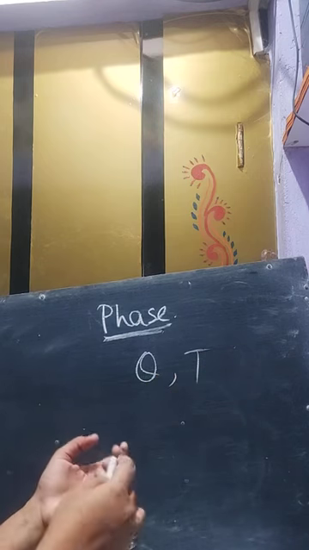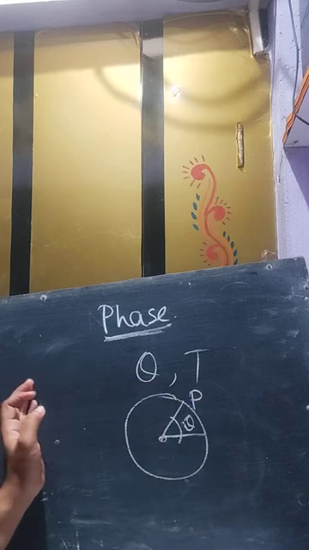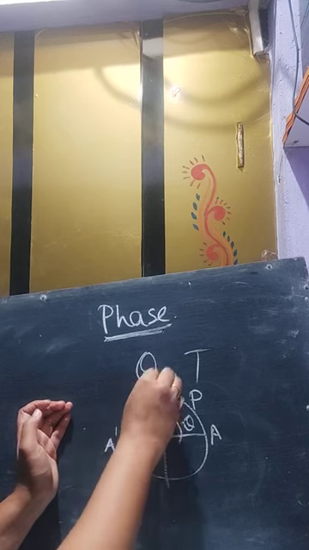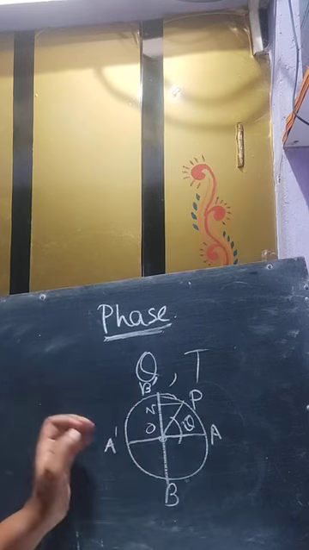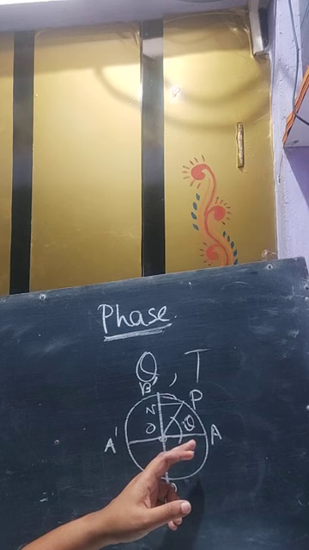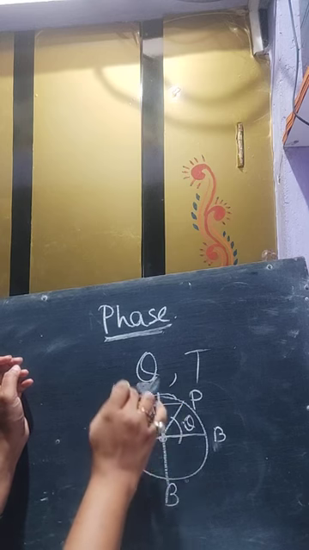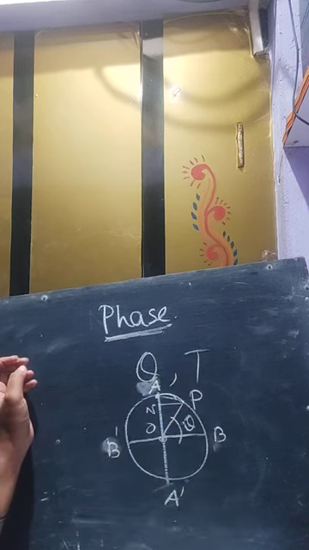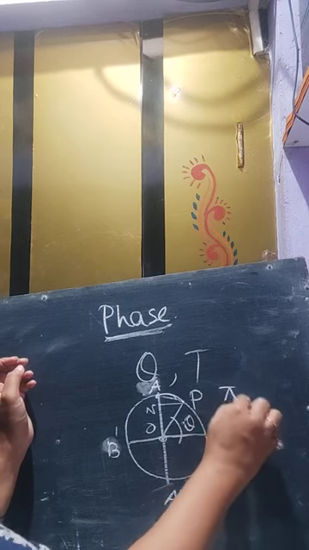Okay. For example, if I consider the previous picture, this is A, this is A dashed, this is B dashed, and this is B. This is O. So when P reaches the point A, what will be the phase? That will be pi by 2.